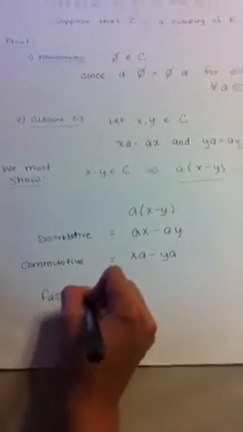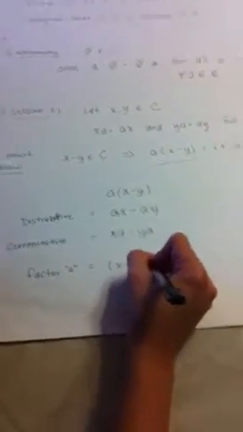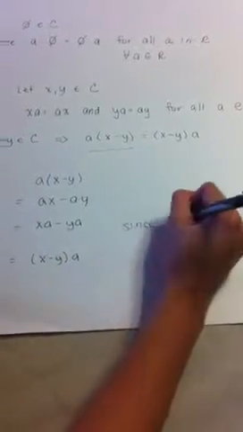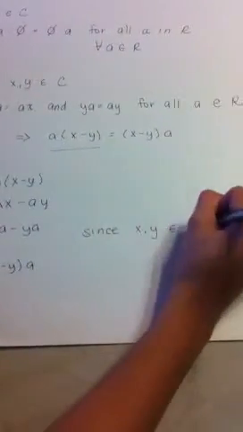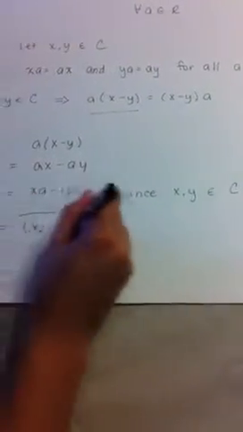Once we get here, we're going to factor out our A, and we will get (X minus Y)A. This is because X and Y both belong to C, which is the center of our ring. This part of the proof is done because we achieved our goal.